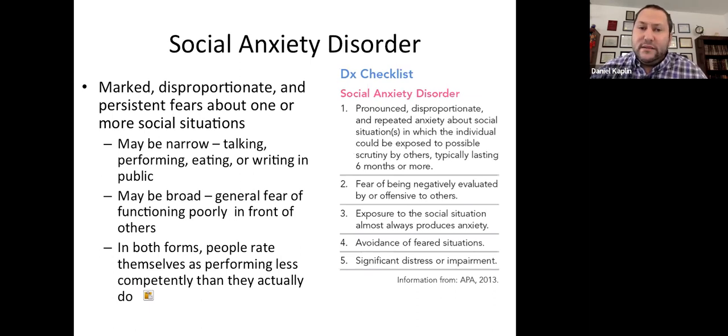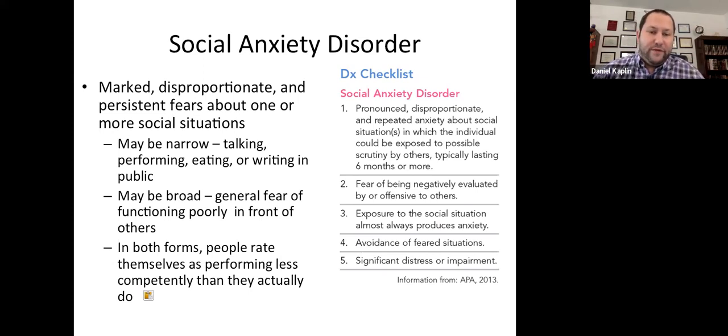The last broad type of phobia is called social anxiety disorder, and you might hear social anxiety disorder described in the public as social phobia. So, what is social anxiety? That is a marked, disproportionate, or persistent fear about social situations.